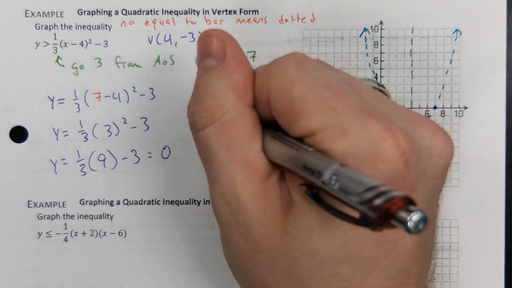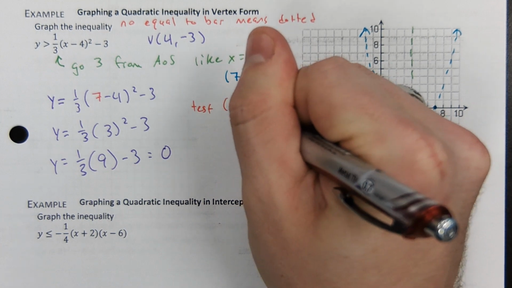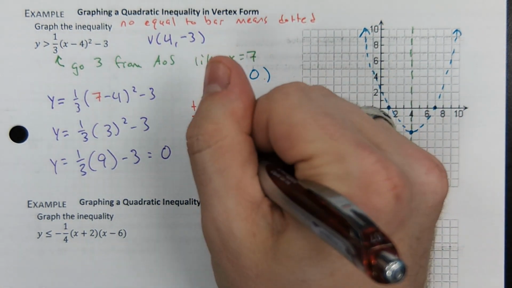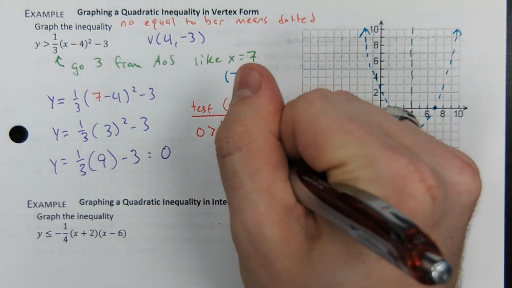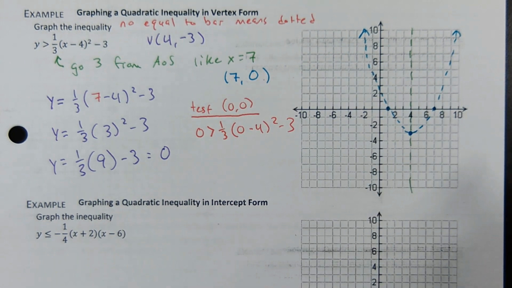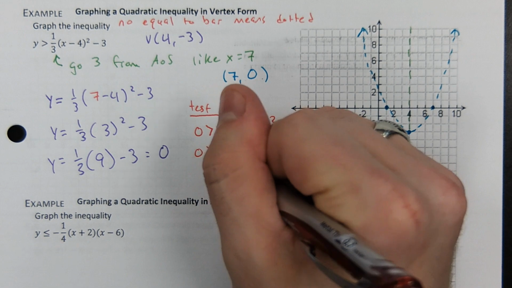So I'm going to test 0, 0 because that's easy to do. 0 greater than 1/3 of 0 minus 4 squared minus 3. 0 minus 4 is negative 4, but you square that and you're going to get 16.